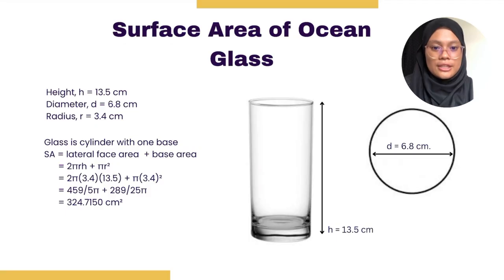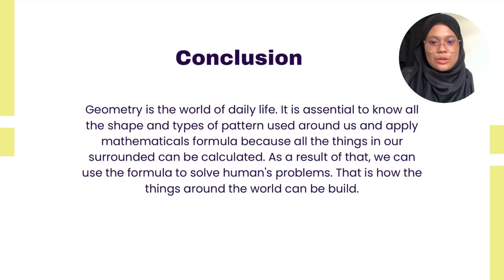Substitute the information given into the formula: 2 pi times 3.4 times 13.5 plus pi times 3.4 squared, equal to 459 over 5 pi plus 289 over 25 pi. So, the surface area of the ocean glass equals 324.7150 cm squared.